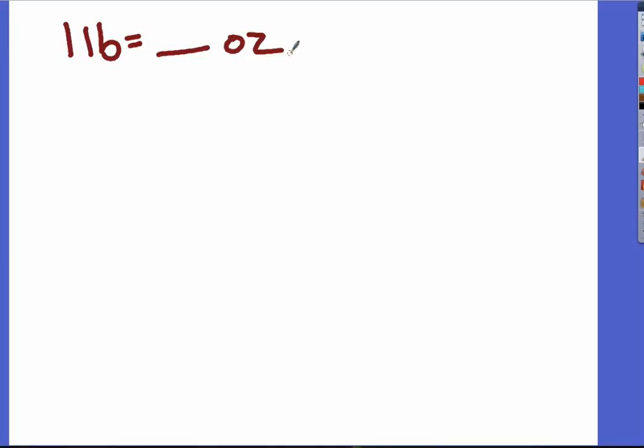Ounces in a pound? 16? So how many total ounces is he going to maybe have? What's going to be our big number that goes up on top? Jaden? 16?